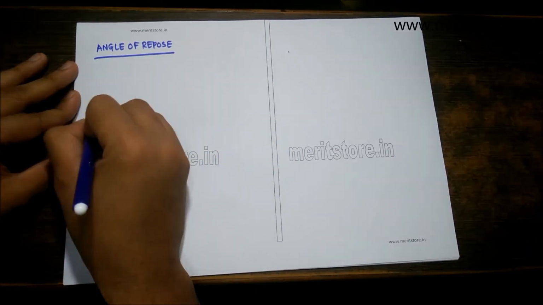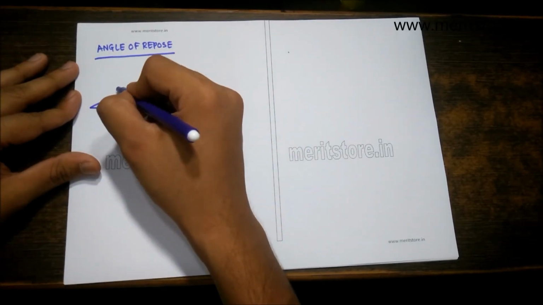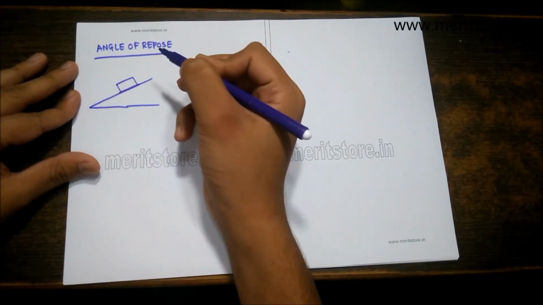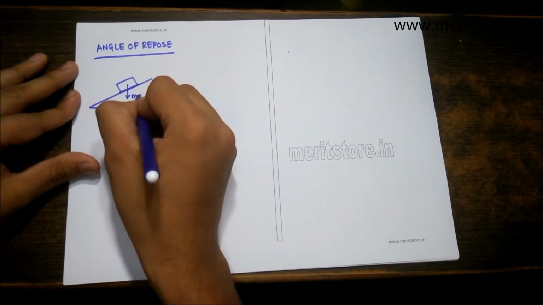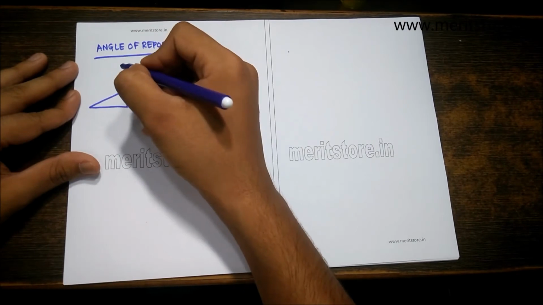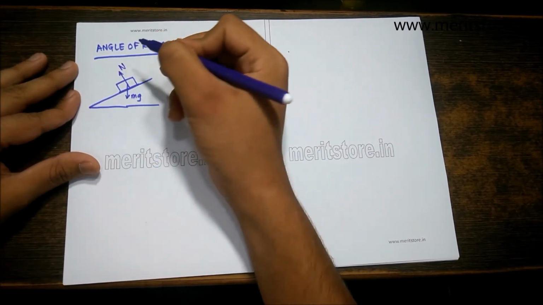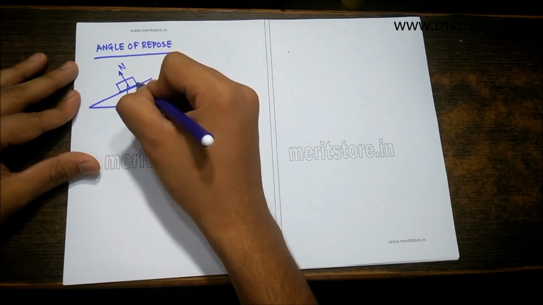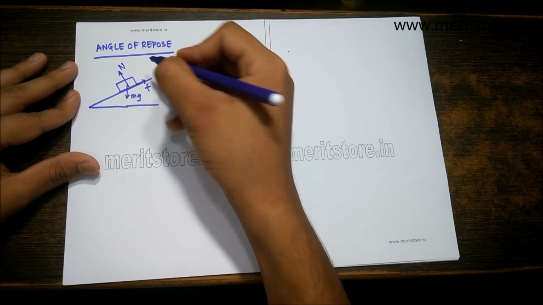So we have an inclined plane and a body placed over it. The weight of the body is mg, which acts vertically downwards. And we have the normal reaction force N, which acts perpendicular to the surface. F is the limiting force of static friction.